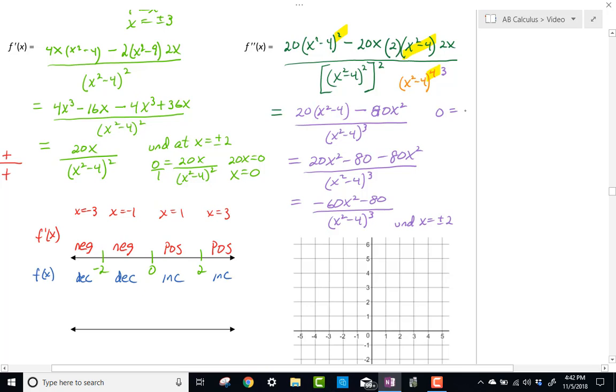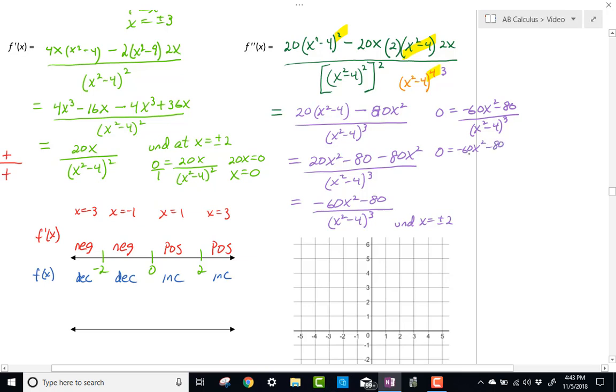Now again, when you guys do this, one of the things you ought to know is that whenever I go to find the zeros of a fraction, the bottom right hand side cancels out, because when I go to cross multiply, this denominator is gone. So all I got to do is solve 0 equals negative 60x squared minus 80.